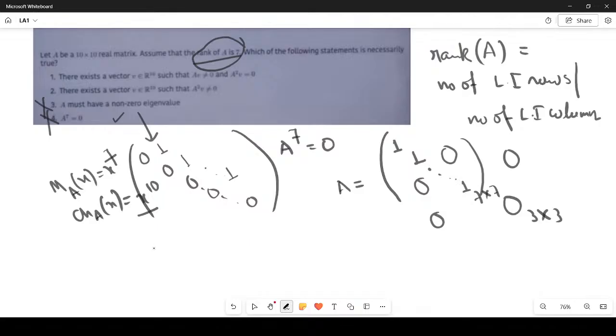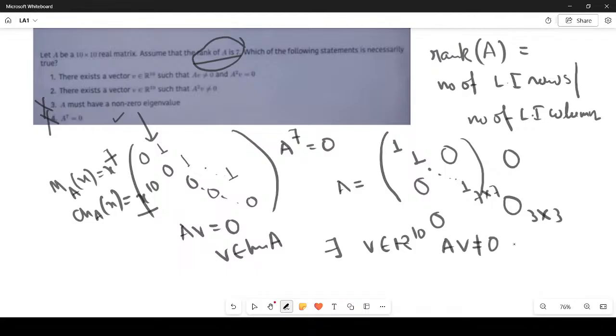Here, as we know, Av equal to 0 means v belongs to the kernel of A. Now suppose there exists no vector v belonging to R10 such that Av is not equal to 0 and A squared v is equal to 0.